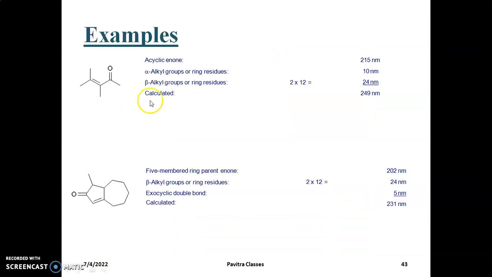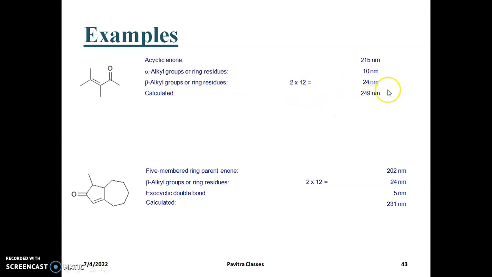By example, this is the acyclic enone, with alpha alkyl group or ring residues. This is the enone structure. The base is heteroannular, 215. Alpha alkyl group or ring residue is 10, and beta, 2 are there, so 24.